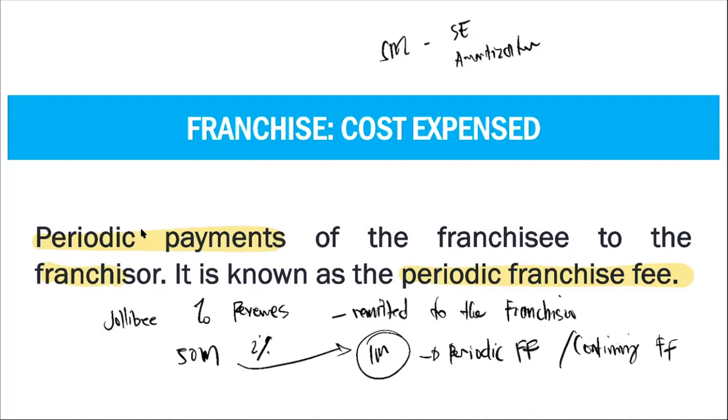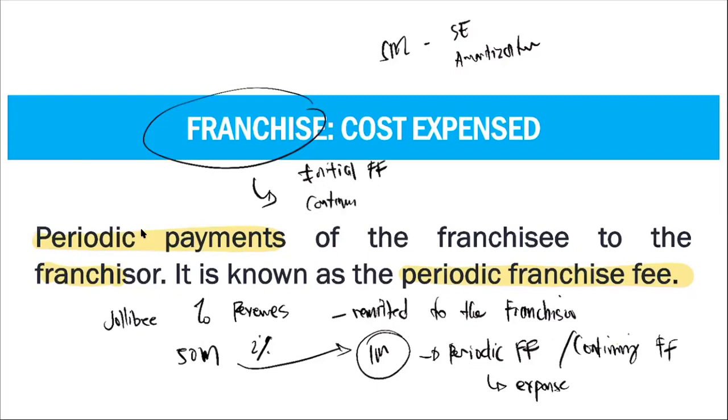What will happen to your continuing franchise fee or periodic franchise fee? You will expense it. Normally, guys, for problems concerning franchise, you will be given the following terms. We have your initial franchise fee and your continuing franchise fee. The initial franchise fee, this is the cost of the franchise.